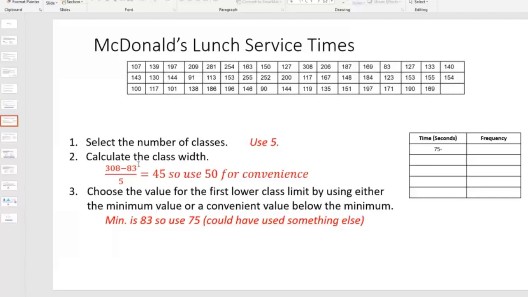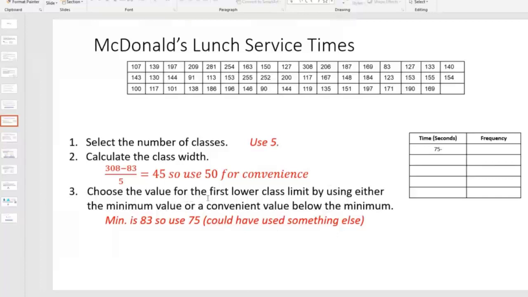So the high minus the low divided by the number of classes came out to 45. They could use a class width of 45, but this is not a number that people easily count by, and generally the convenience is using something people easily count by, so they just used 50 instead. That was just because it would be easier to add up the things.